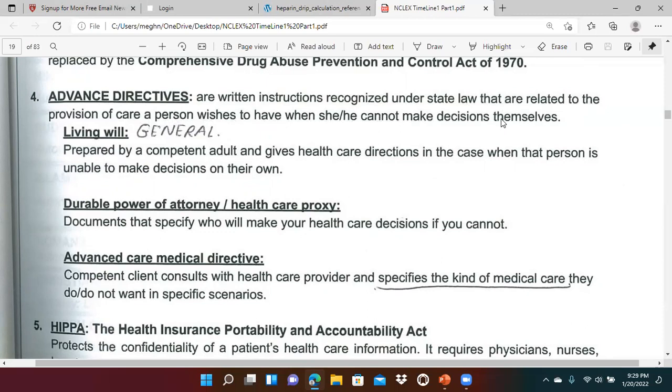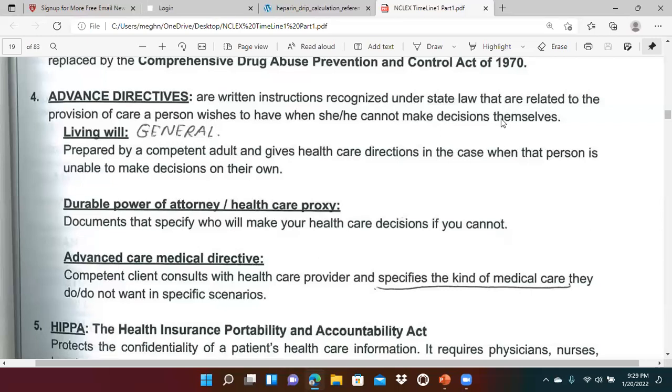Let me recap it. As I told you, an advance directive is a written statement of a person's wishes regarding medical treatment, often including a living will, made to ensure those wishes are carried out should the person be unable to communicate them to the doctor.